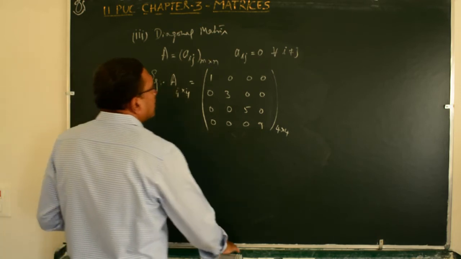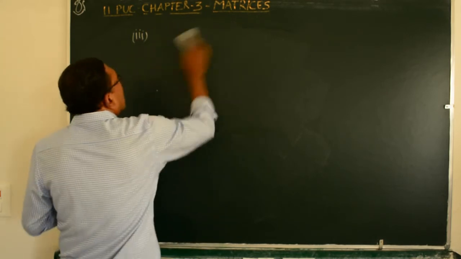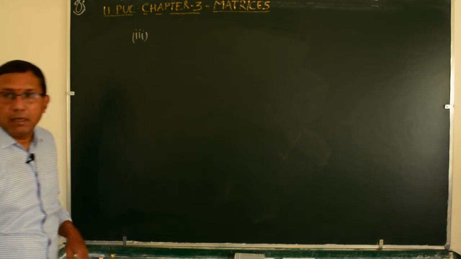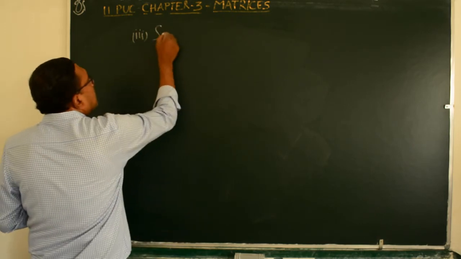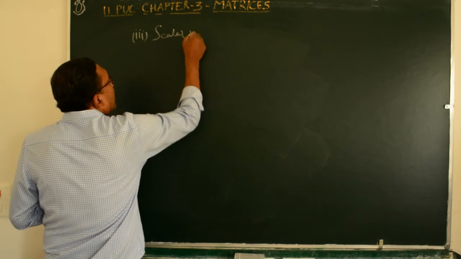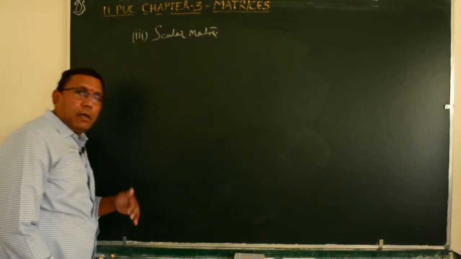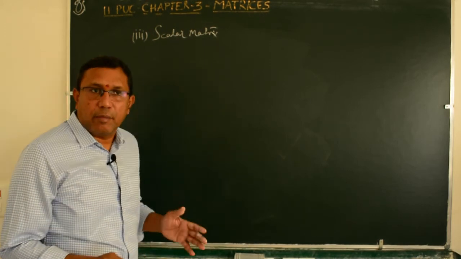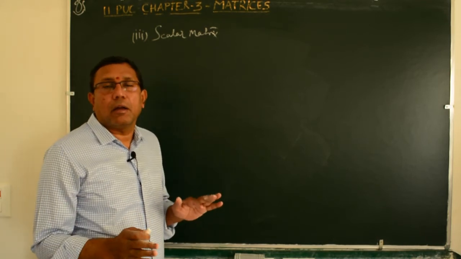So let us discuss the next matrix, which is the scalar matrix. A scalar matrix is very similar to a diagonal matrix, except that the entries in the diagonal are all equal.